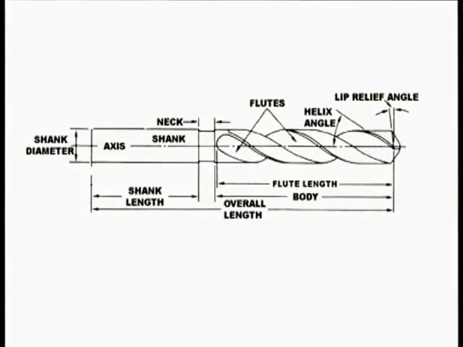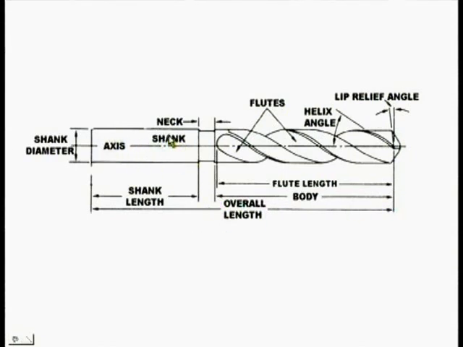And here we look at this figure, the same thing which we have seen in the actual drill bit, shown as an orthographic projection. So these are the actual flutes. Now you have the overall length from one end to the other end, and you have the actual body.